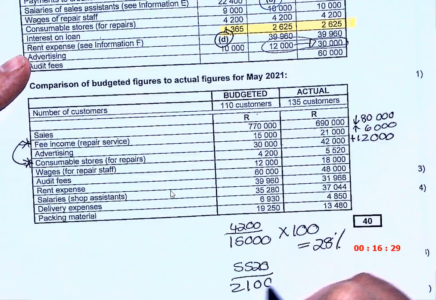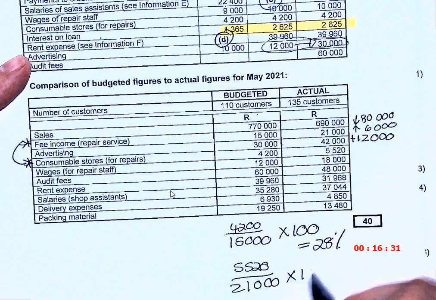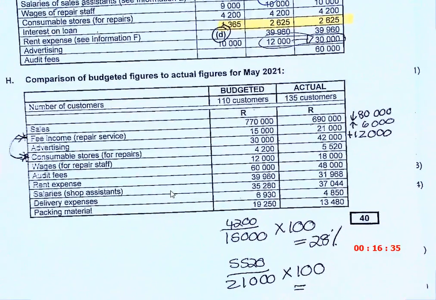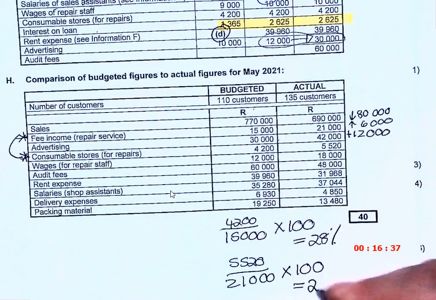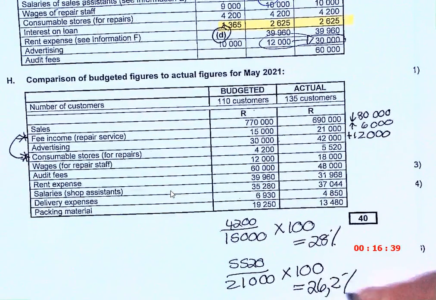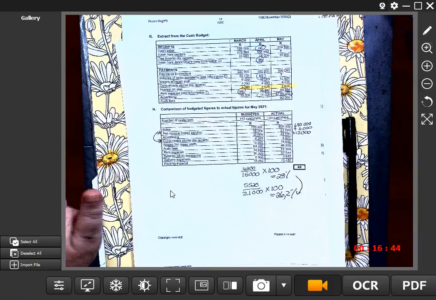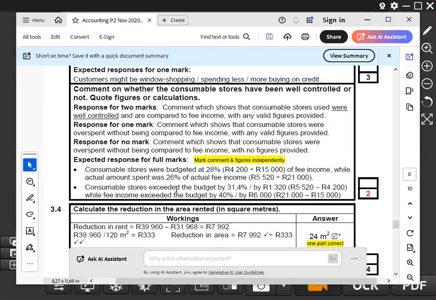And that gives me what? Can you see the percentage decreased? Okay, so what will I comment? I will say it was well controlled.